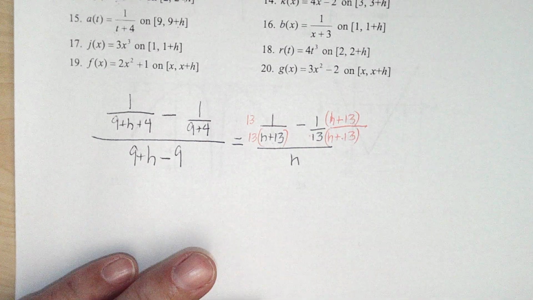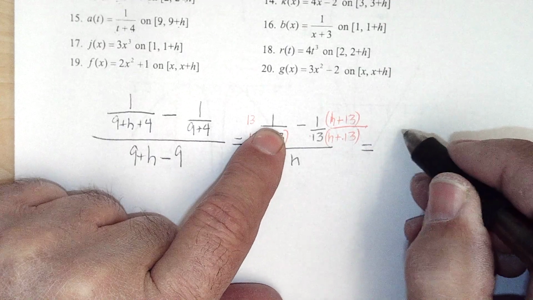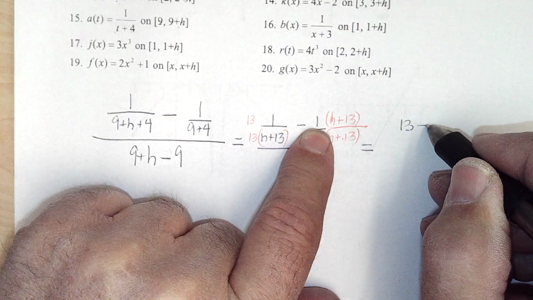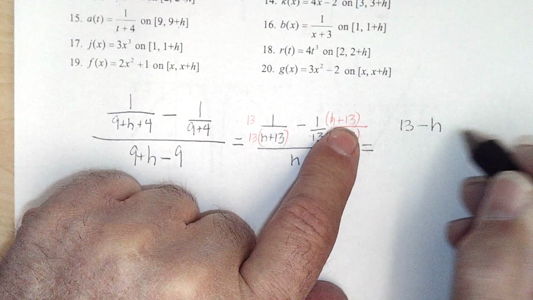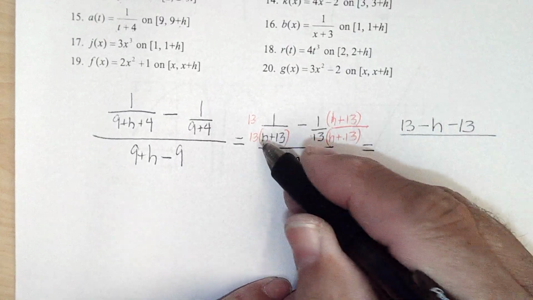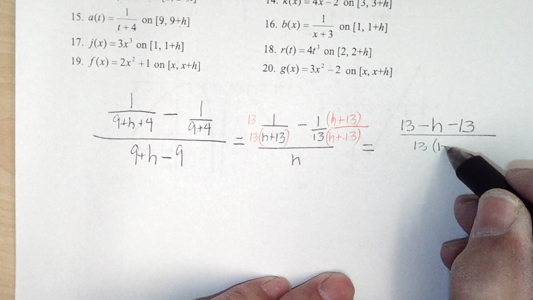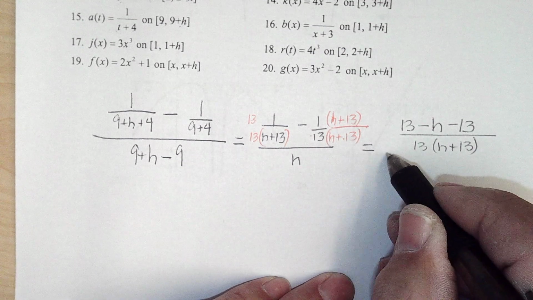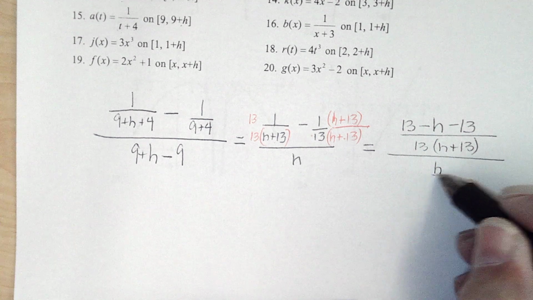Now, what do we get from this? Well, I get 13 minus 1 times h is minus h, and minus 1 times 13 is minus 13, over the common denominator, which is 13 times h plus 13, and all of that is over h, if you want, over 1.